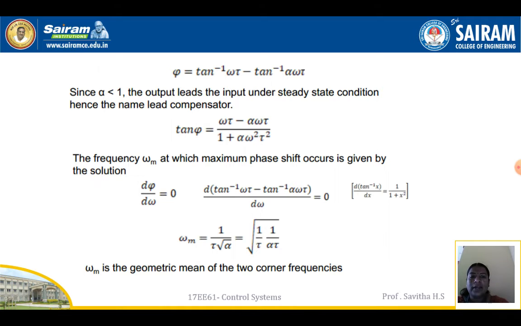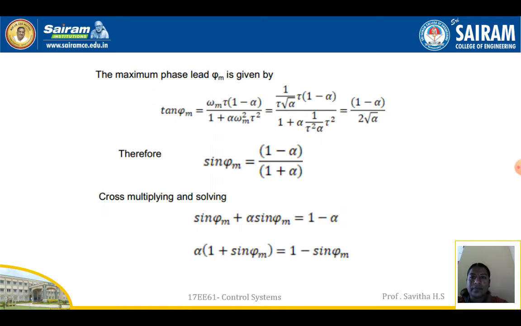So we get omega m is equal to 1 divided by tau square root of alpha, which is equal to square root of (1 by tau into 1 by alpha tau). Omega m is the geometric mean of the two corner frequencies. The maximum phase shift phi m is given by tan phi m is equal to (1 minus alpha) divided by 2 square root of alpha.